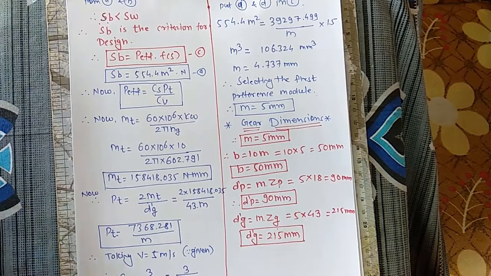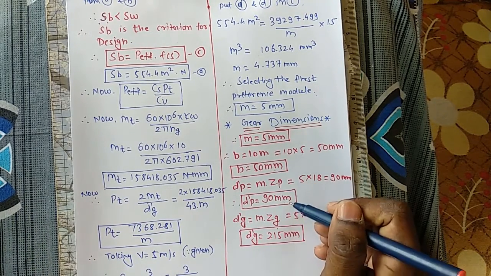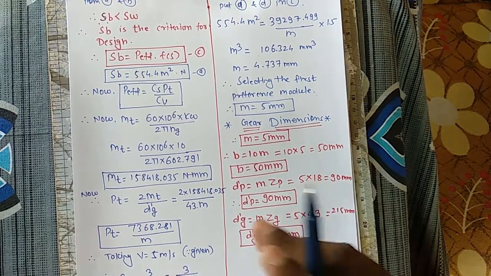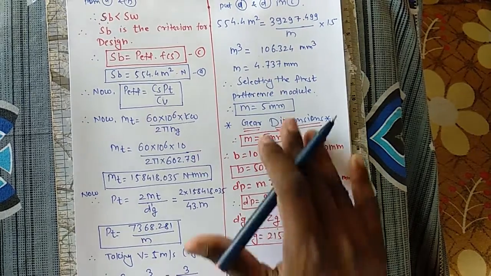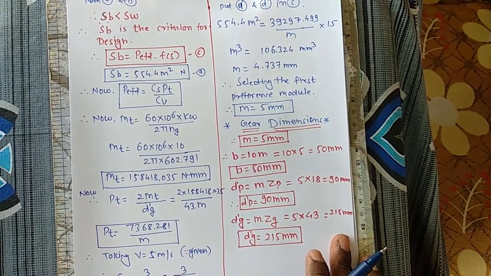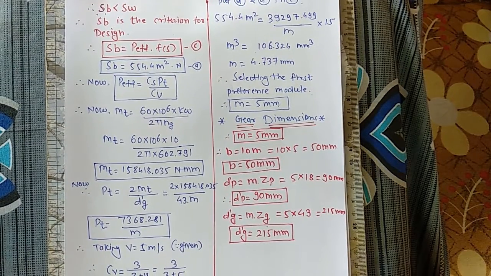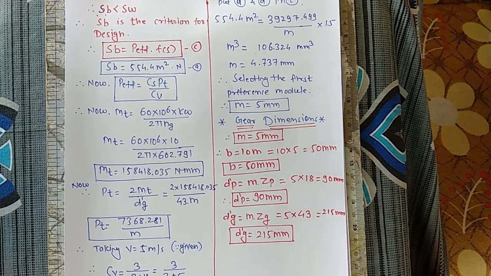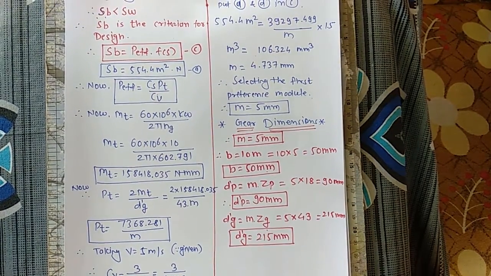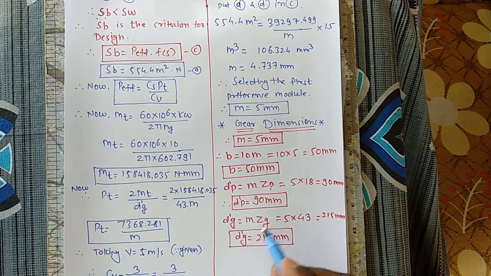So we have calculated all the values: module, face width, D dash P and D dash G. There are a lot of other dimensions like addendum, dedendum, etc., but initially in gear design, these are the basic dimensions which we have calculated. As we have designed the gear and calculated all its dimensions, as far as design is concerned, we have to check whether the gear we have designed is safe or not.